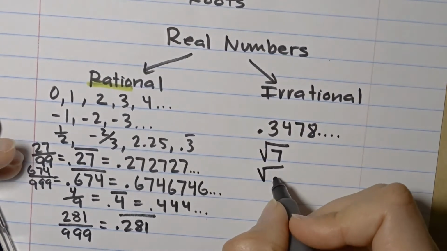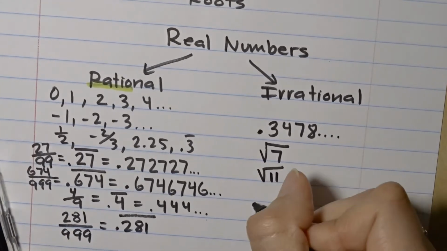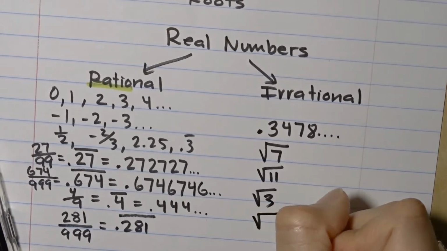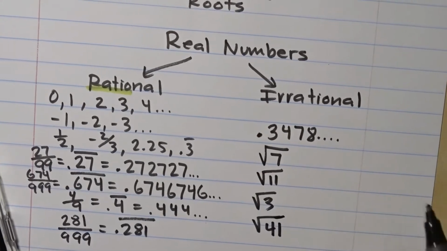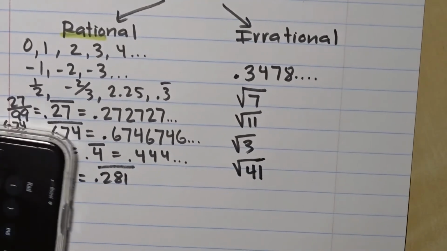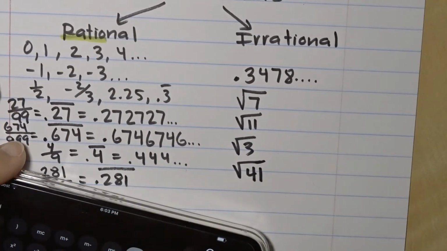Same thing goes with any other irrational number. Anytime you have the square root of a number that's not a perfect square, you'll get an irrational number.